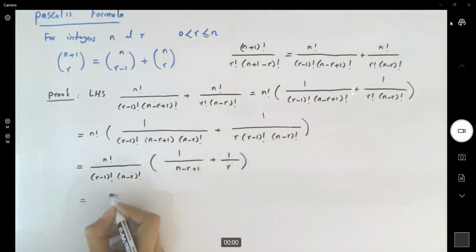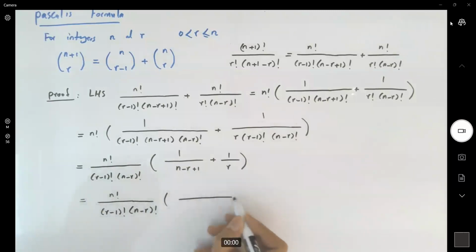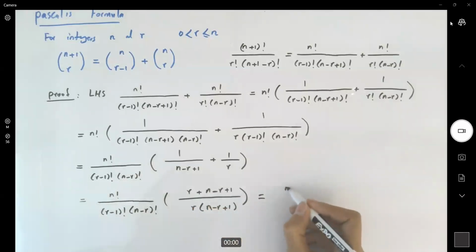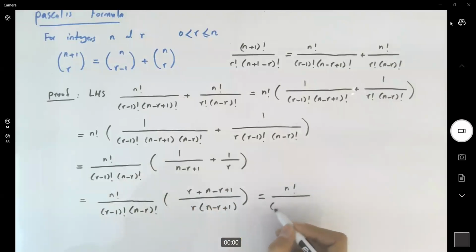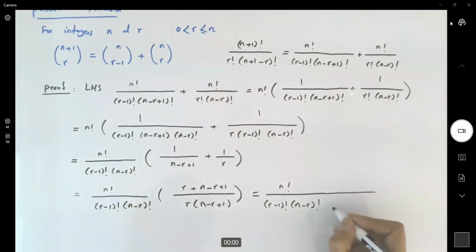So this becomes n factorial divided by (r minus 1) factorial times (n minus r) factorial, and here if you take the common denominator, r times (n minus r plus 1), you're left with r plus n minus r plus 1, which is nothing but n factorial divided by (r minus 1) factorial (n minus r) factorial times, let's write the rest of them down next to this, r times (n minus r plus 1).